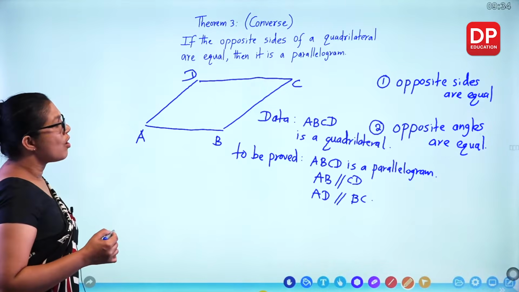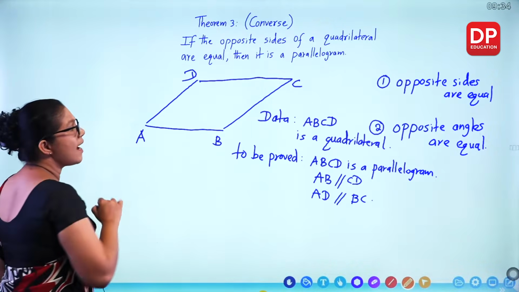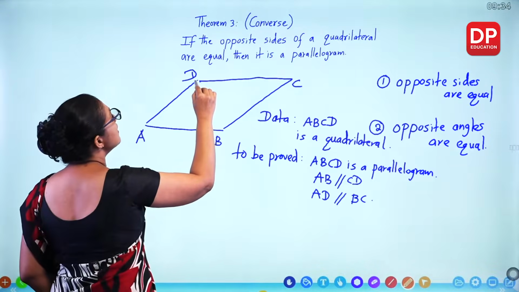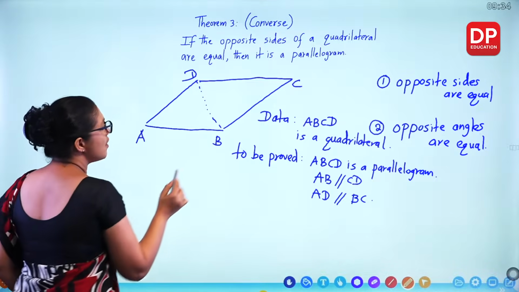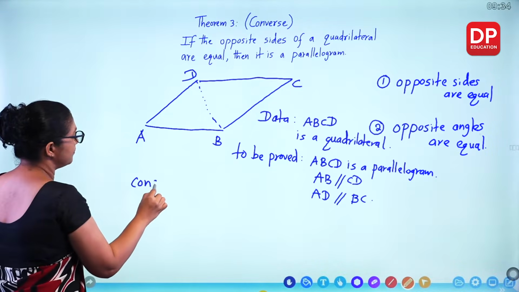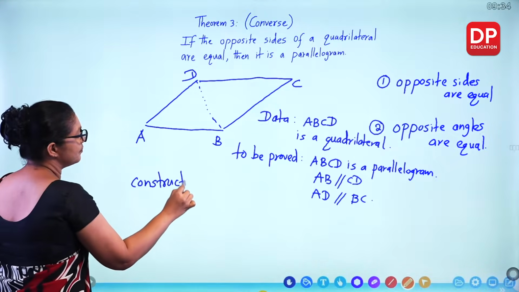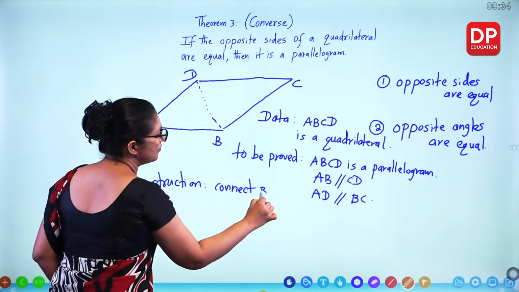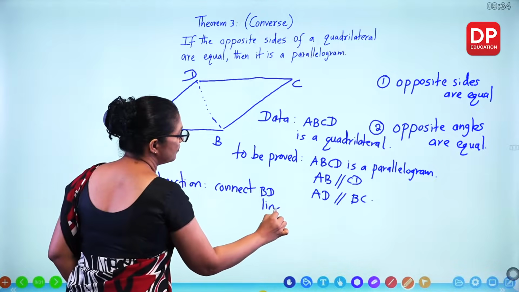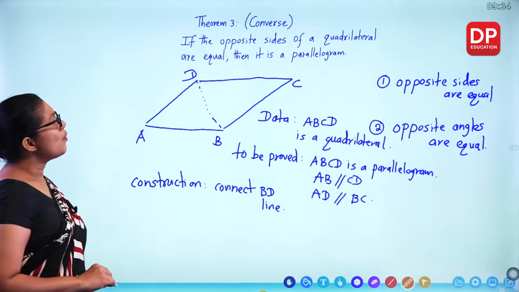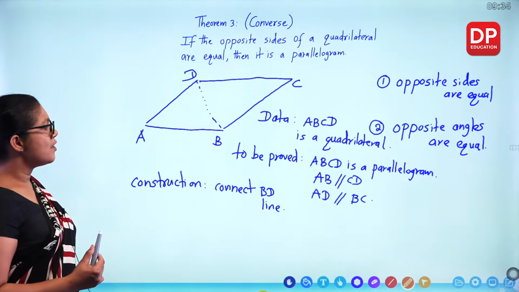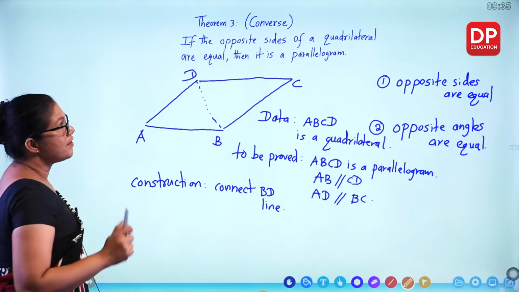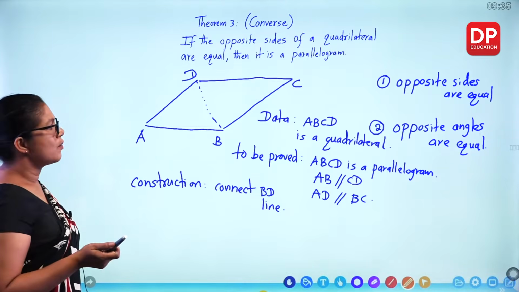Now we'll draw a line here. We'll do a construction. We can draw the BD line. Now we'll take the angles. We know in this quadrilateral, opposite sides are equal.